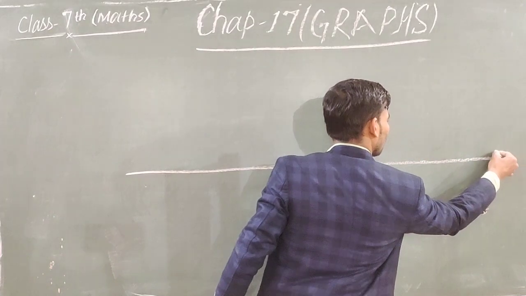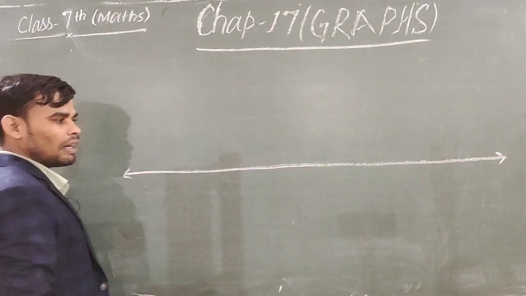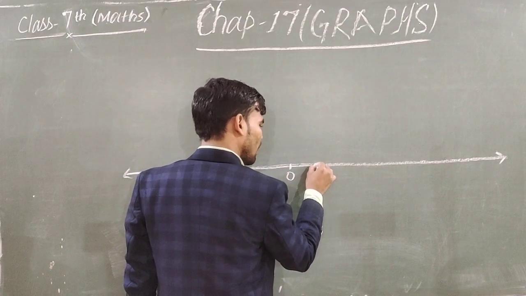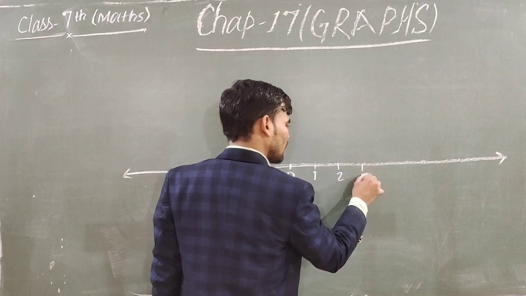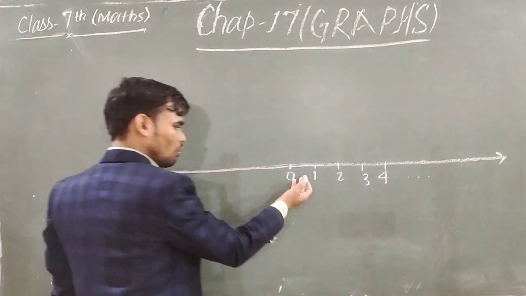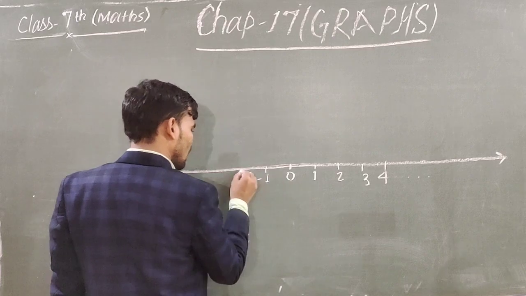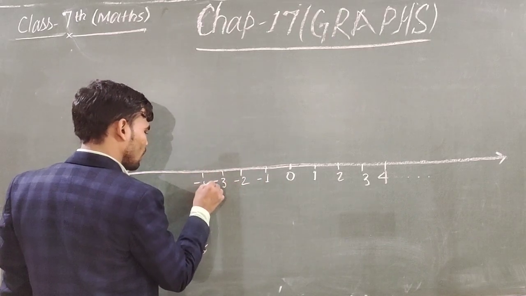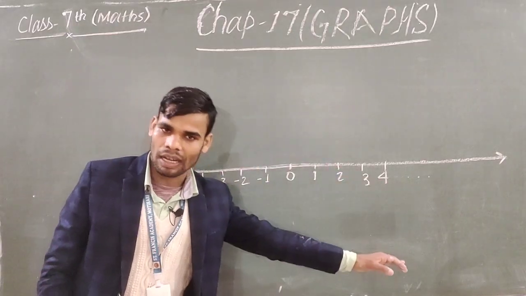In between there will be 0, after that on the right side 1, 2, 3, 4 and so on. And to the left side of 0, it will be -1, -2, -3, -4 and so on. So, got it? This is a horizontal number line.